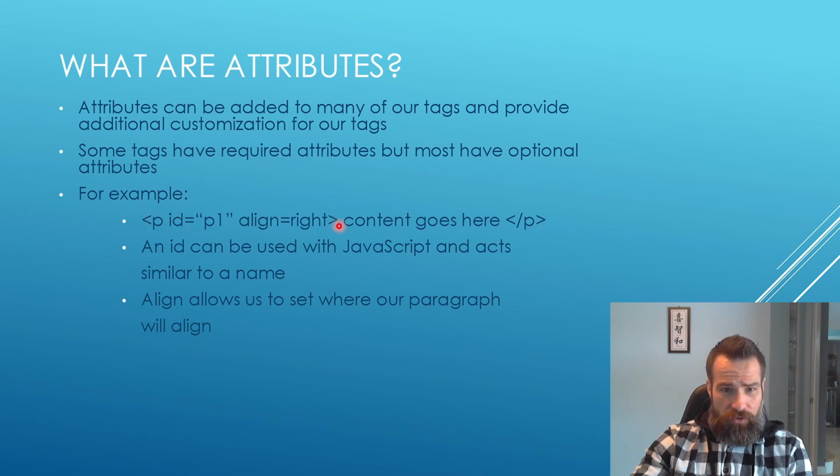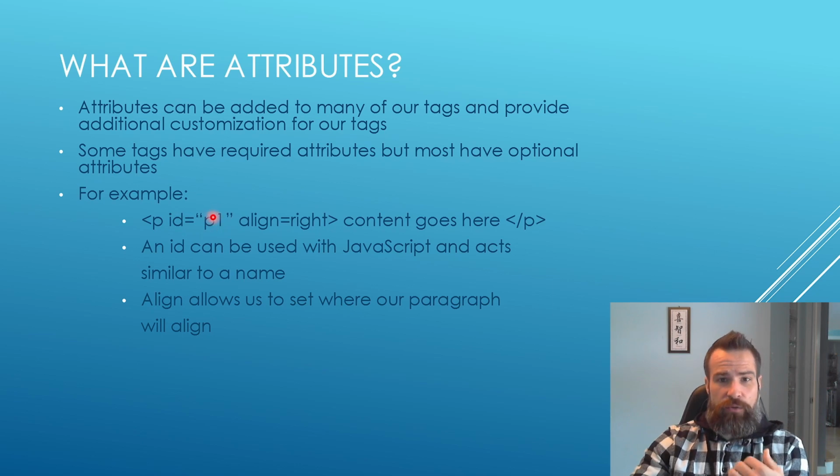This is called a paragraph tag, and I haven't introduced it in a video yet, but it's pretty self-explanatory. It creates a paragraph. The ID here is an example of an attribute. So the name is ID and then equals.